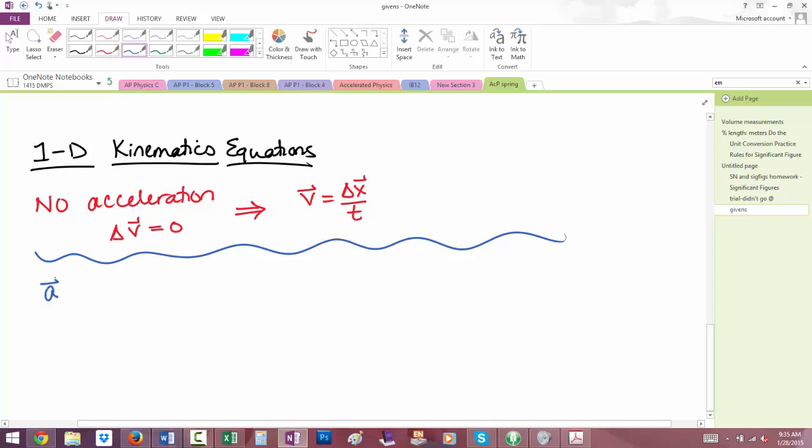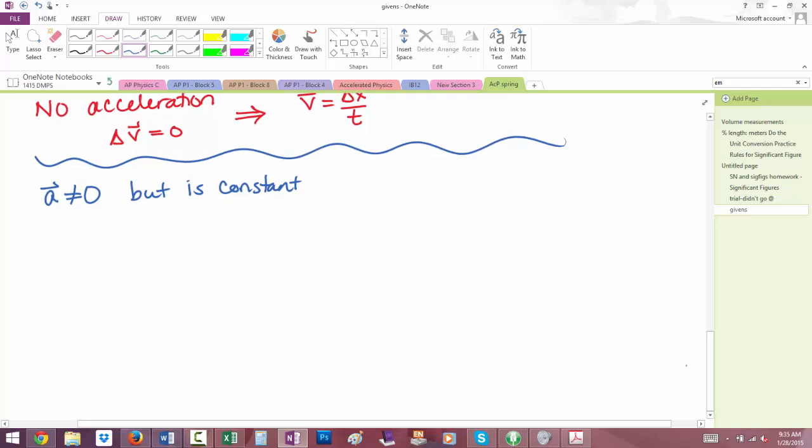So if acceleration does not equal 0 but is constant, then we have these four equations that are kind of fun. The first one, which I'm going to call number 1, is the one that we wrote down a minute ago. Acceleration is the final velocity minus the initial velocity divided by time.